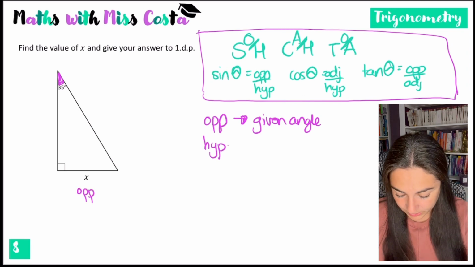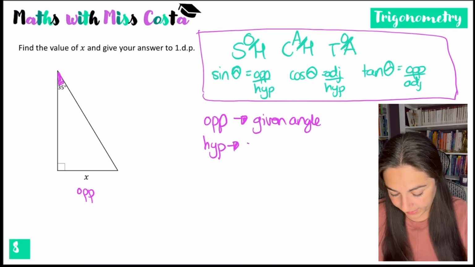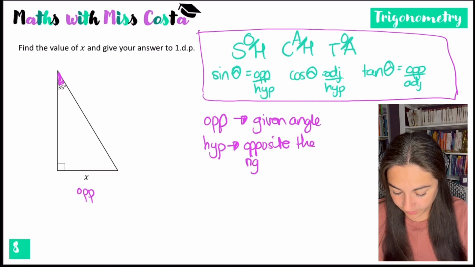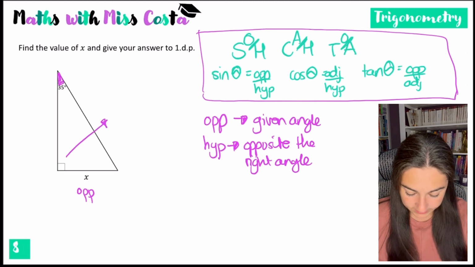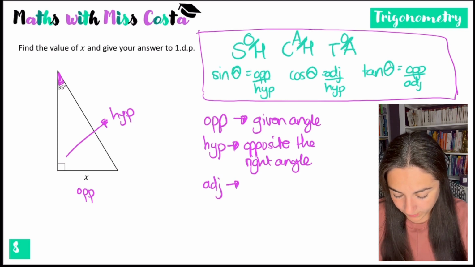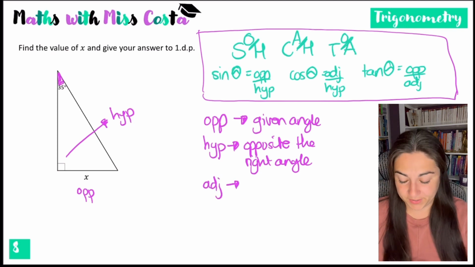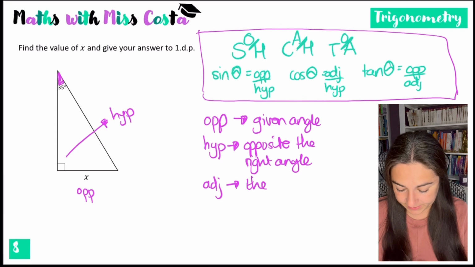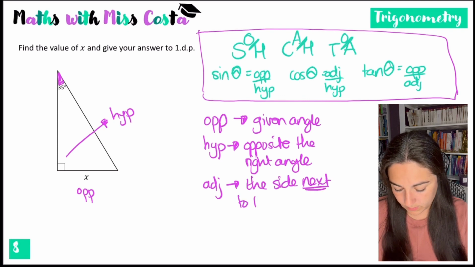Now the hypotenuse, that is the side opposite the right angle. The hypotenuse is always going to be the side opposite the right angle, so your hypotenuse will be this length here. And adjacent just means next to, so the side next to the given angle.